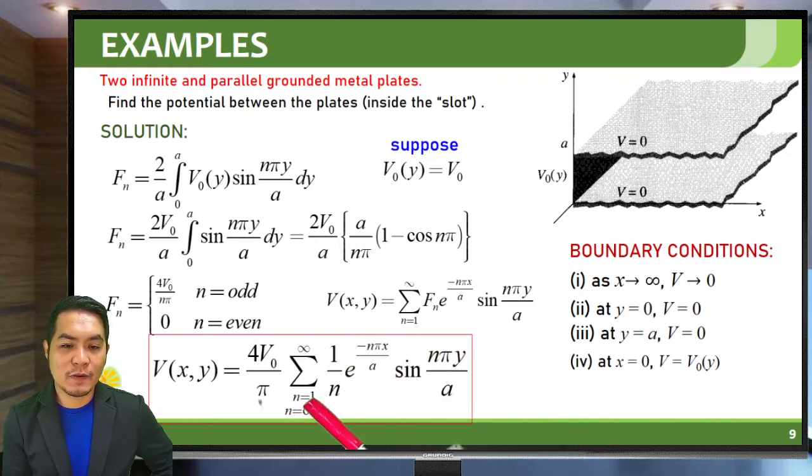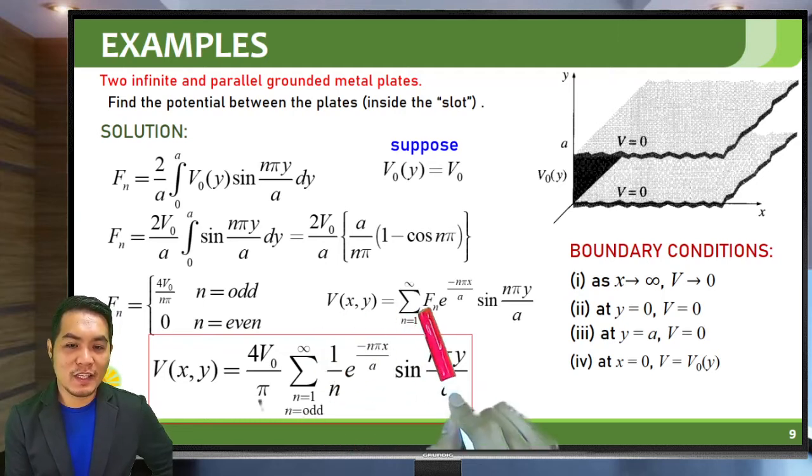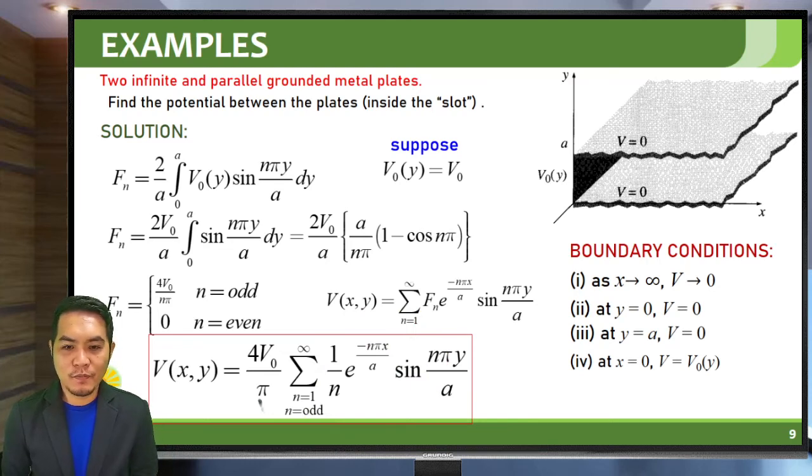So n starts from 1 and n must be odd. This means that only odd terms are in this summation: 1, 3, 5, 7. So 2, 4, 6, 8 are not included because their fn's are 0. So this is now the specific potential for this problem.